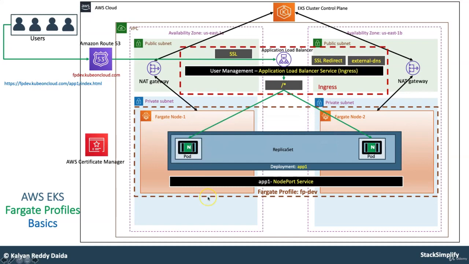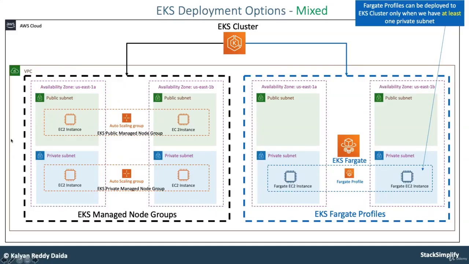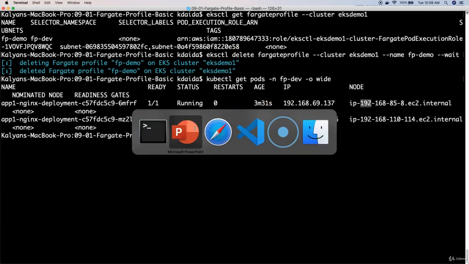If we go back here, it got scheduled on these, to this private subnet. So when you deleted this Fargate profile, automatically those got scheduled here. That's about it. It didn't delete the application or anything; only the Fargate profile got deleted and the application came back to our original EC2 worker nodes.